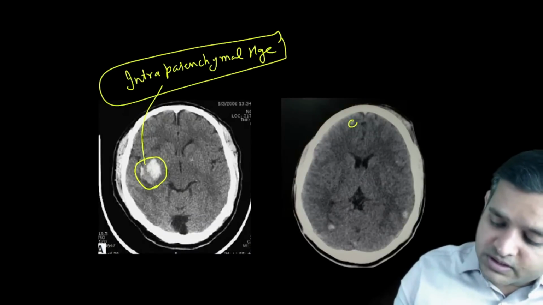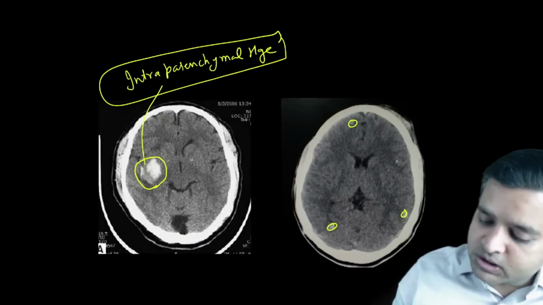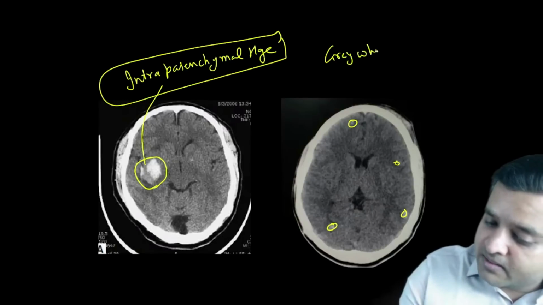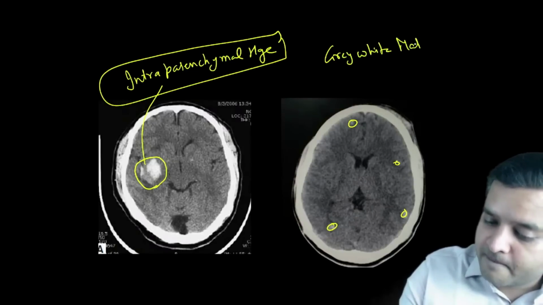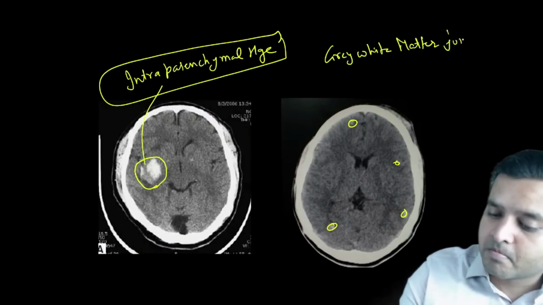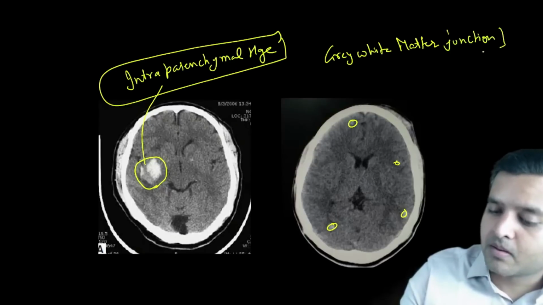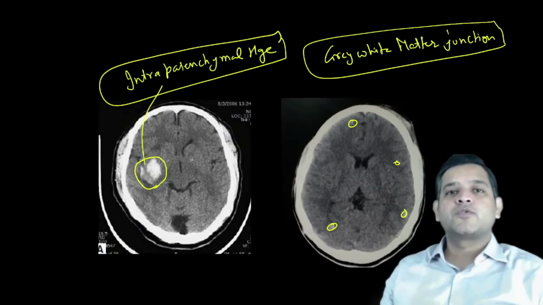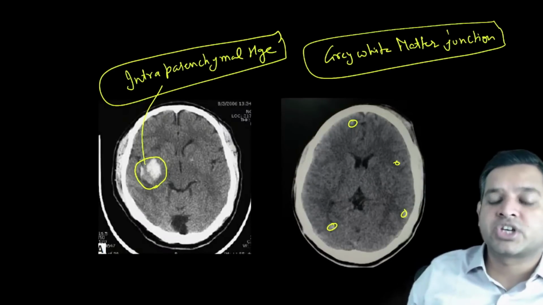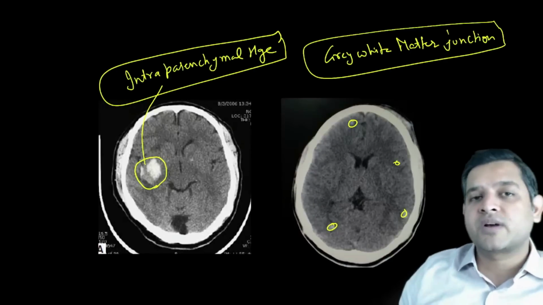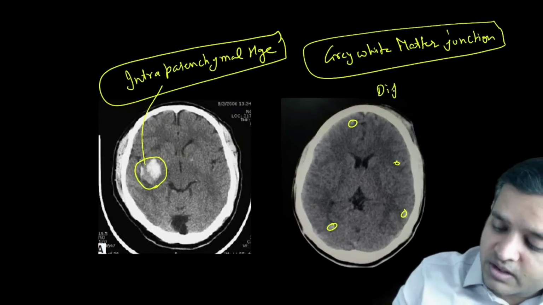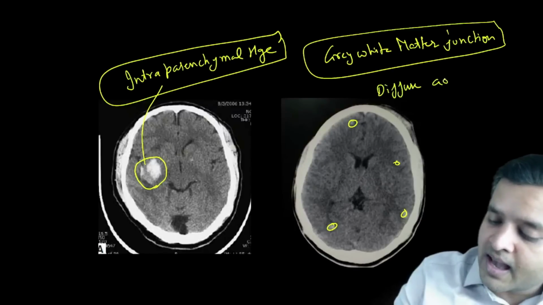Whereas what we see here is small foci of hemorrhage at the gray white matter junction. If you see small foci of hemorrhage at the gray white matter junction, then this is a case of diffuse axonal injury.